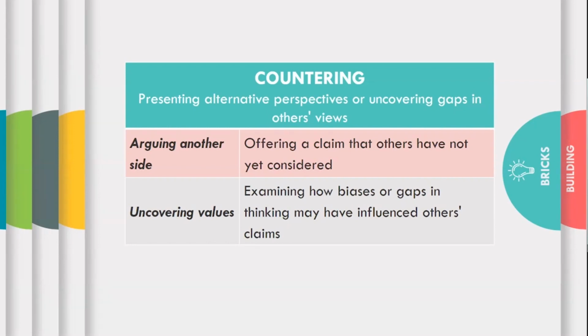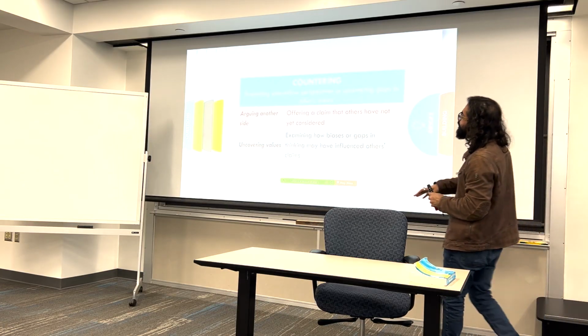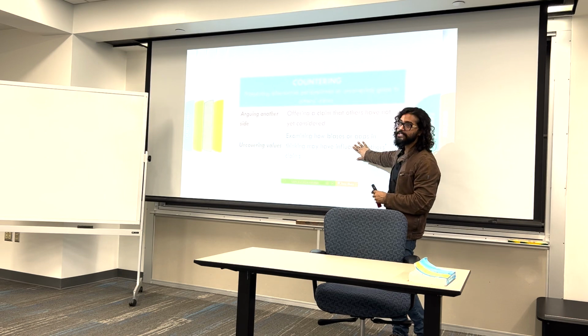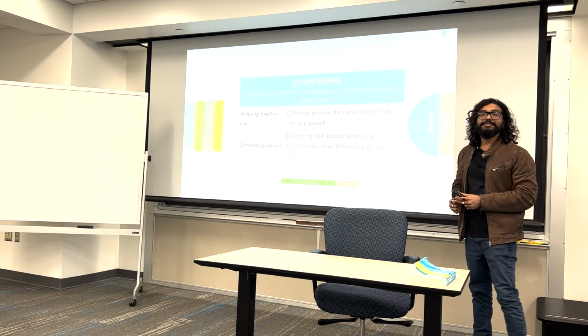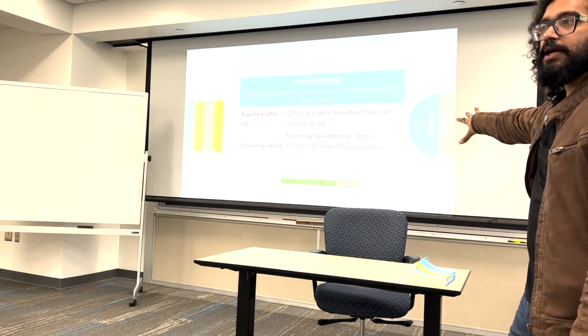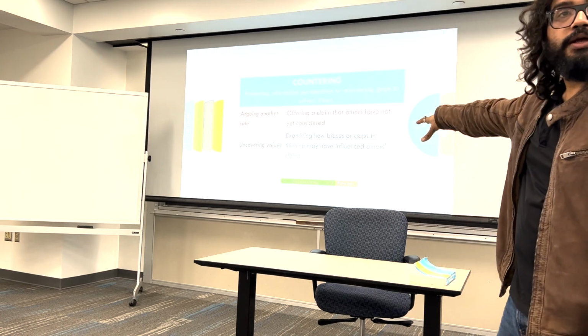This is actually the final claim. Uncovering values means you're examining how biases and gaps in thinking may have influenced others' claims. So it's actually the final step, step 6, the gap you mentioned. That's countering.